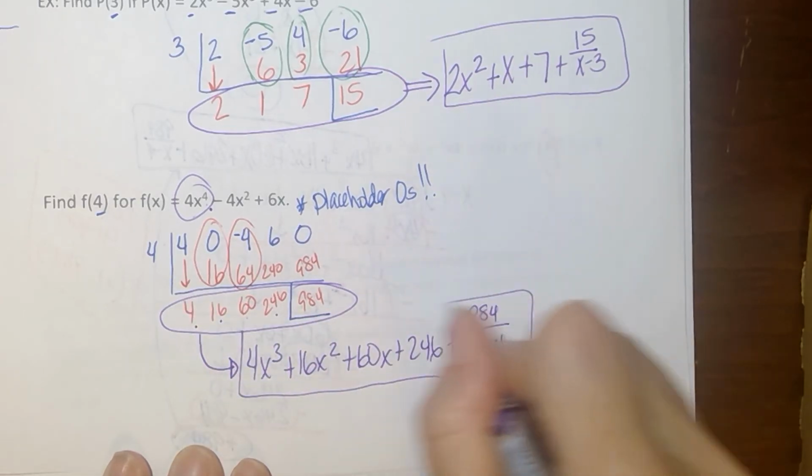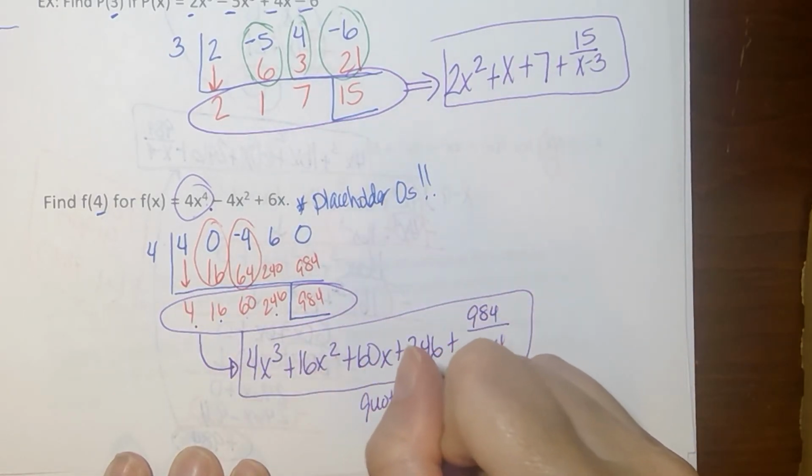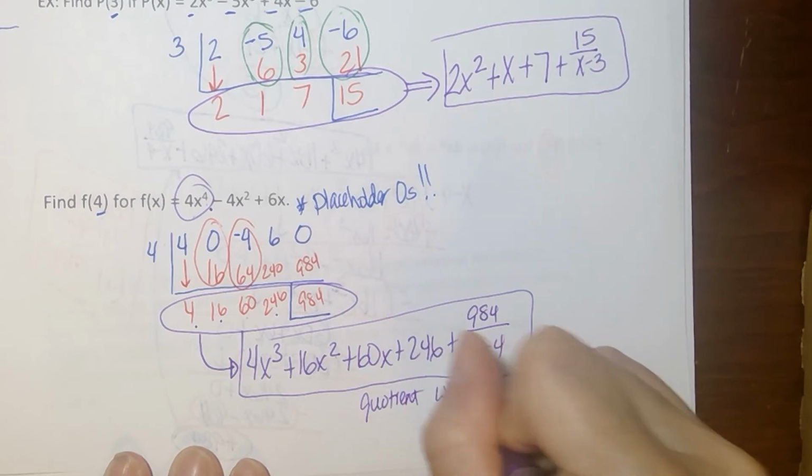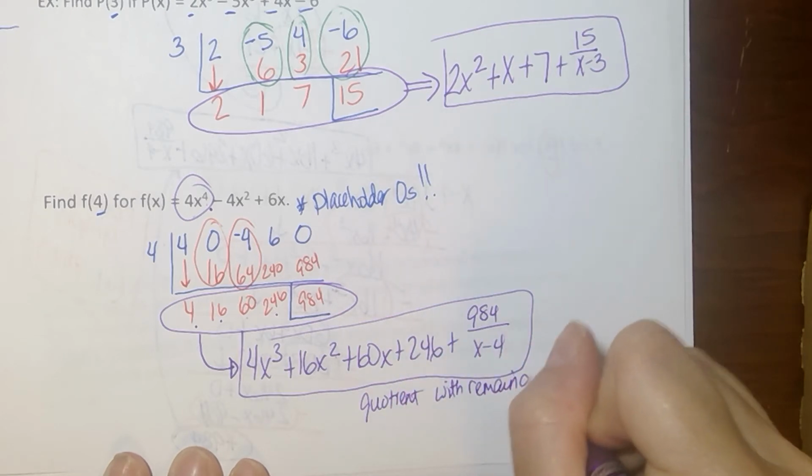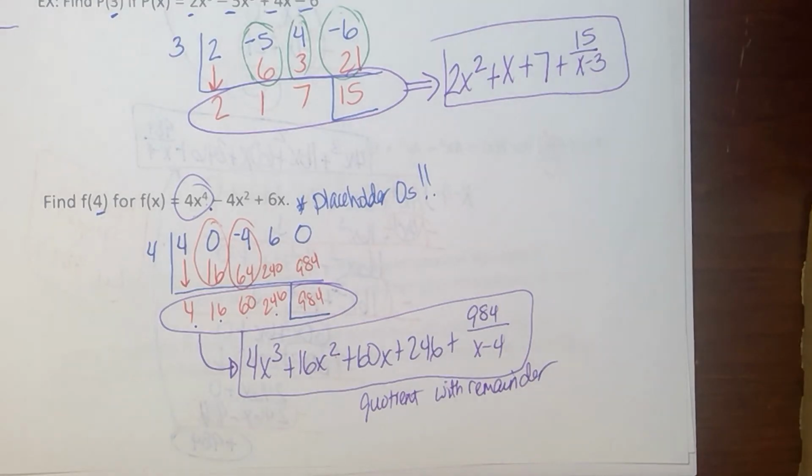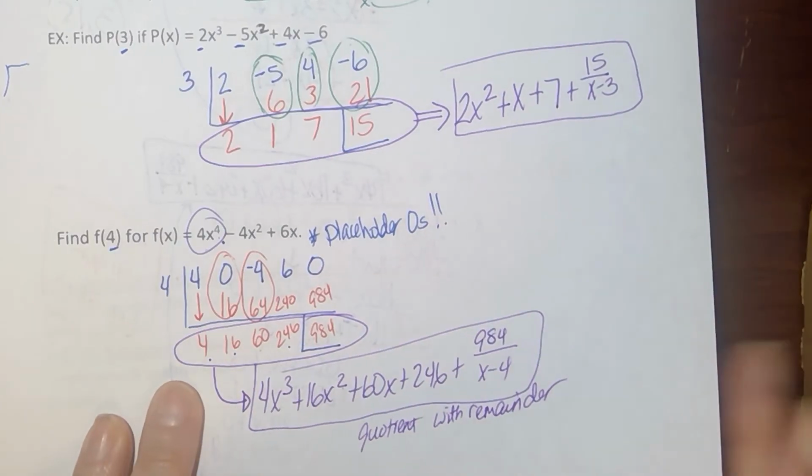So there is my quotient with remainder interpreted. This allows me, when I start finding remainders of 0, to factor polynomial functions that aren't factorable for me otherwise. Let's do the next one.